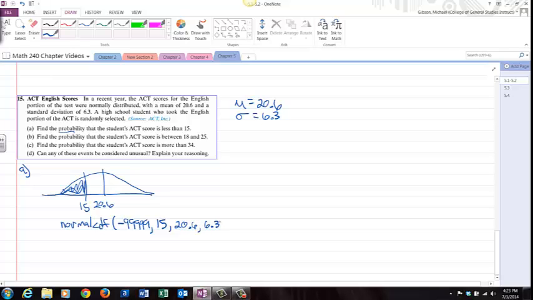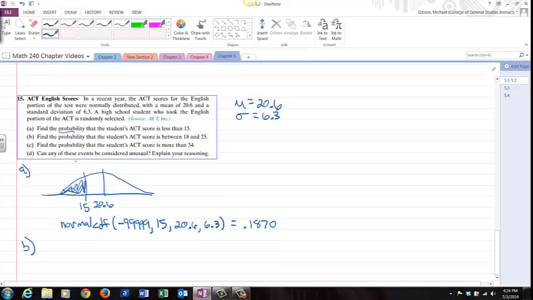So you have to remember to put those in there when it's not standard normal. Otherwise it's just what we've done before. So second DISTR, normal CDF, negative 99,999, comma 15, comma 20.6, comma 6.3, close parenthesis, and we get 0.1870. So almost 19% chance that a randomly selected student score will be less than 15.